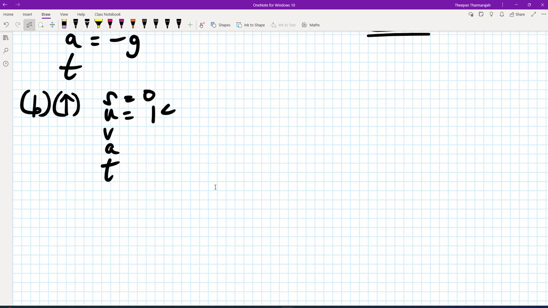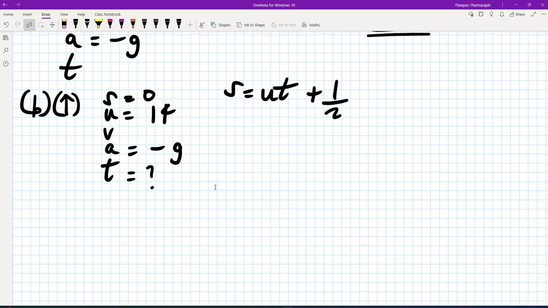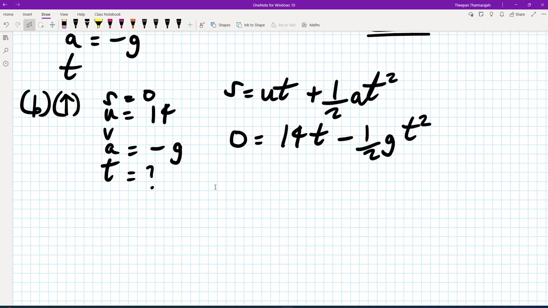So u is 14, a is minus g, and you want to find the time. So we can say s is ut plus a half at squared. So 0 is 14t minus a half g times t squared. So we can say half gt squared minus 14t is equal to 0.